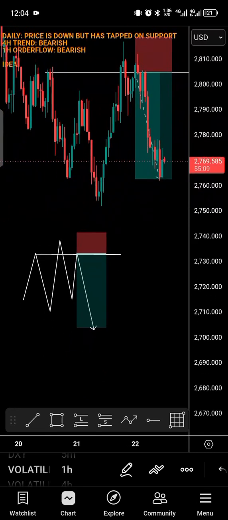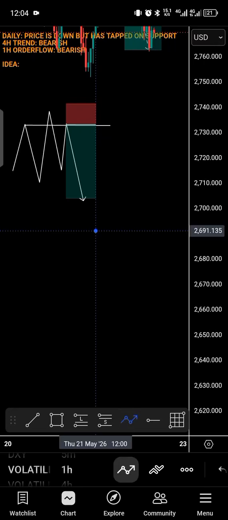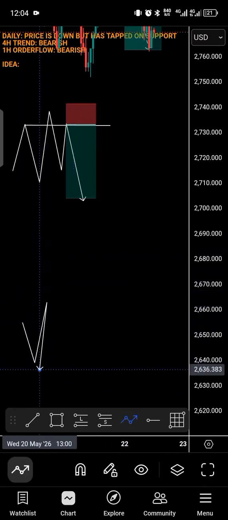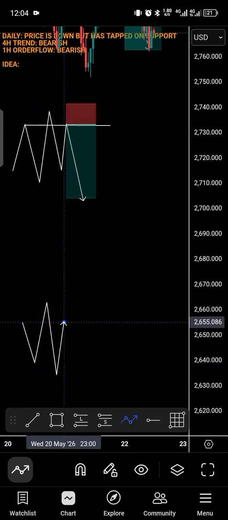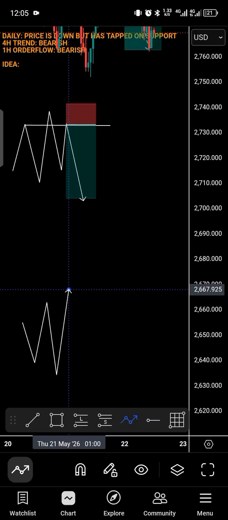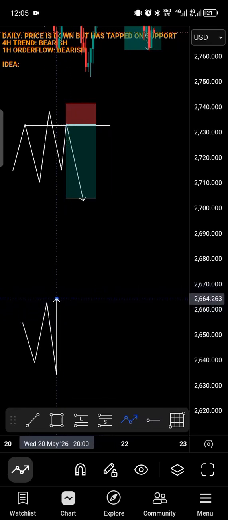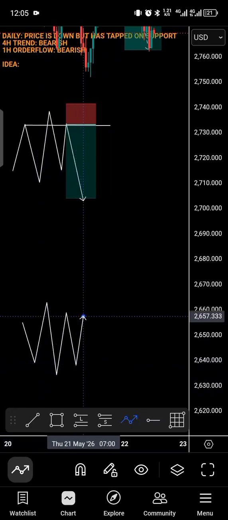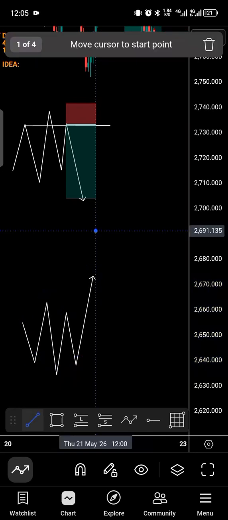That's for sell, and then for buy is quite the opposite. Then the sweep of this low, and then before the break of structure or after the break of structure, whichever one, and then it comes back, tests this level, and then the buy.